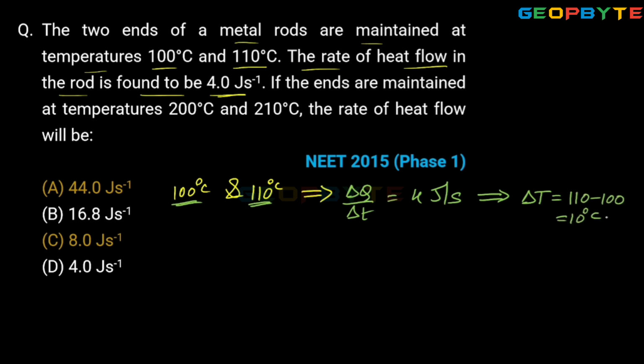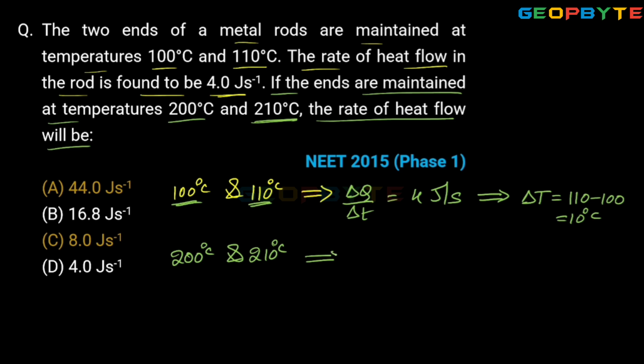degrees centigrade. If the ends are maintained at temperatures 200 degrees centigrade and 210 degrees centigrade, the rate of heat flow will be? For the other case, the temperature range is 200 to 210 degrees centigrade. Then what will be the temperature difference? 210 minus 200, equal to 10 degrees centigrade only.